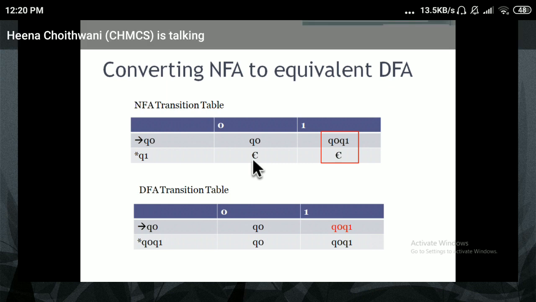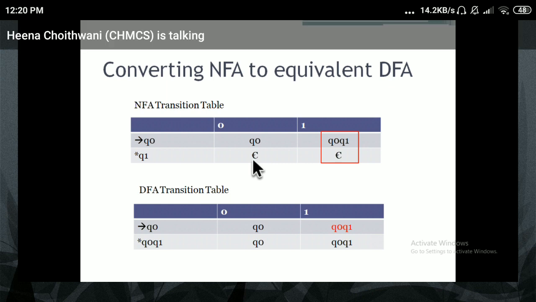Is it okay? Now check the last one. In the last row, we have Q1 moving on 0 to epsilon, and Q1 on 1 will move to epsilon.